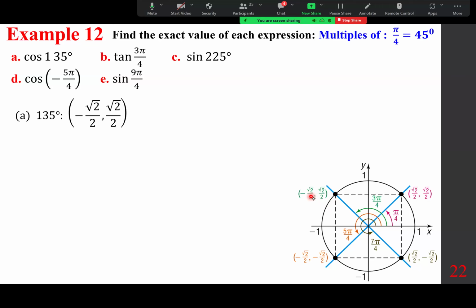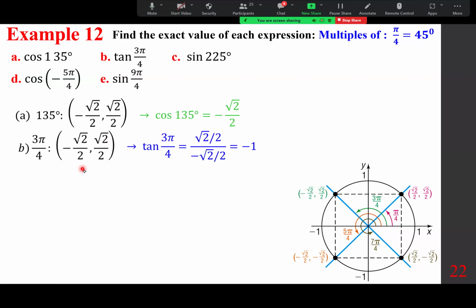Cosine is associated with x, so it makes a negative square root of 2 over 2. 3 pi over 4, the same thing as 135 degrees. And tangent is the ratio of those two, sine over cosine, which becomes -1.